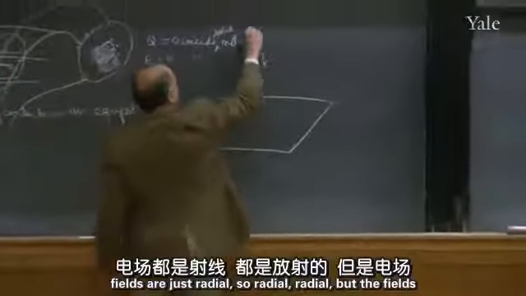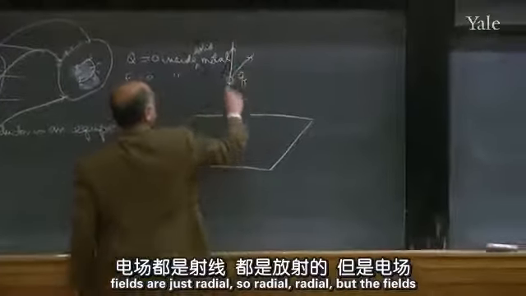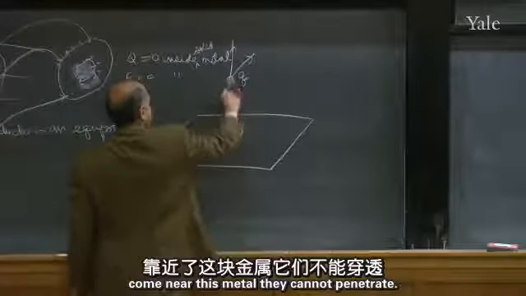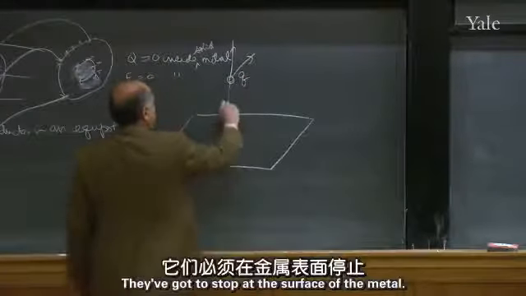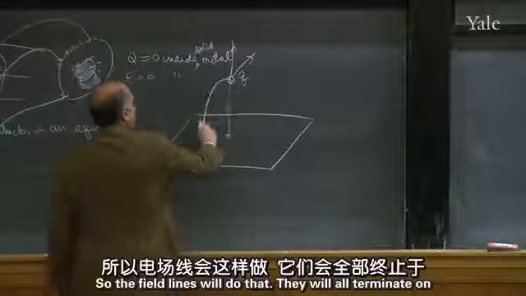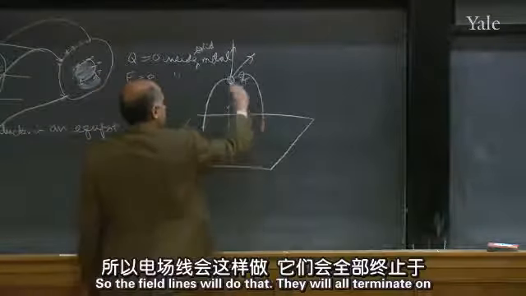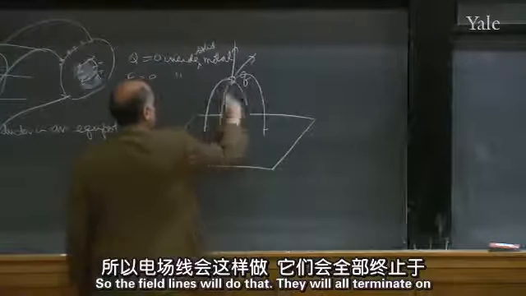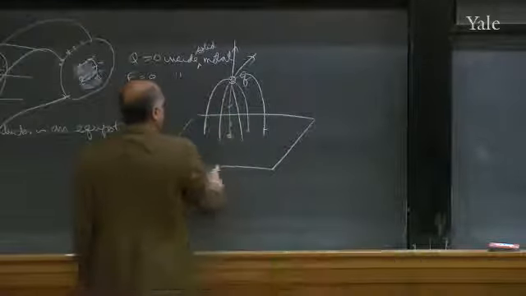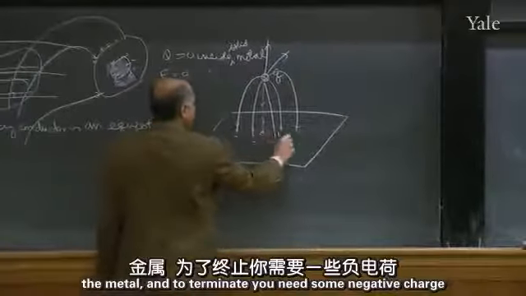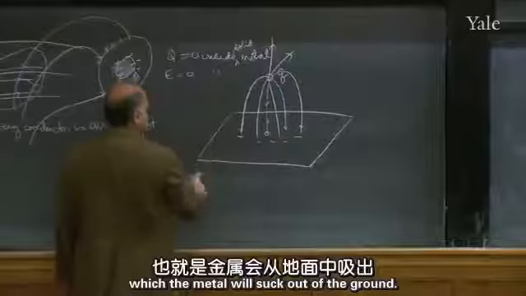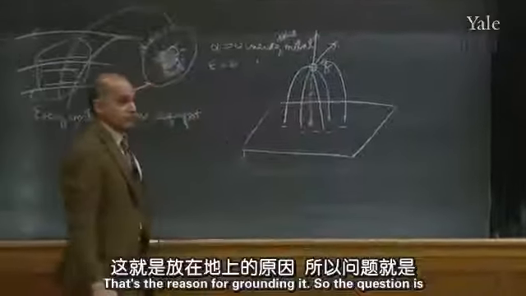So radial, radial. But the fields come near this metal. They cannot penetrate. They've got to stop at the surface of the metal. So the field lines will all terminate on the metal. And to terminate, you need some negative charge, which the metal will suck out of the ground. That's the reason for grounding it.